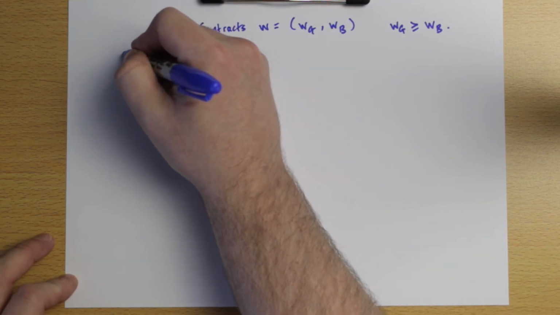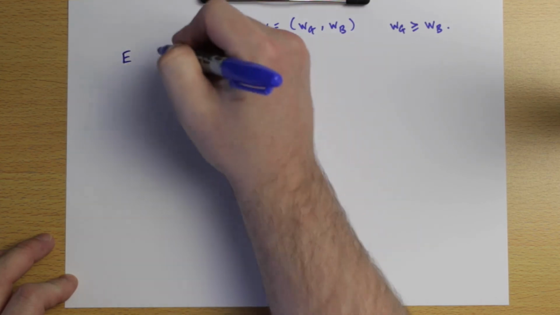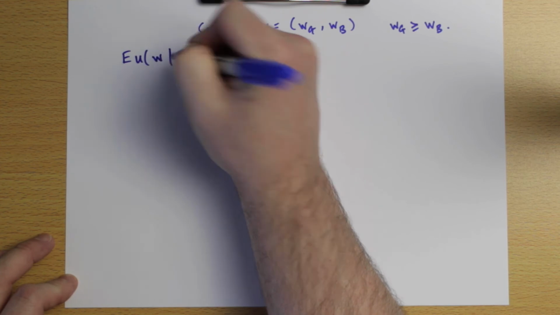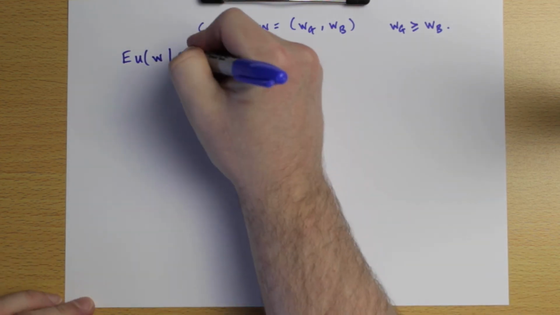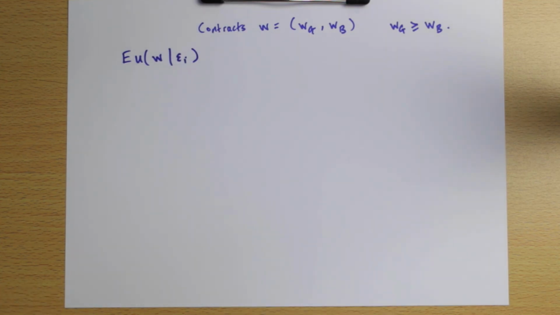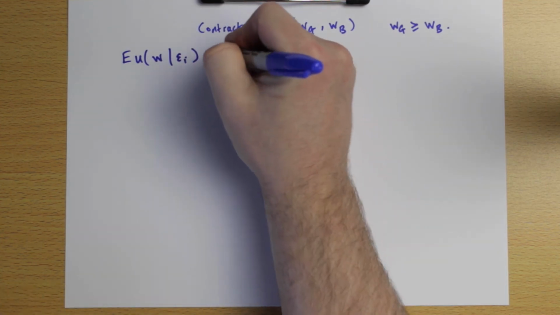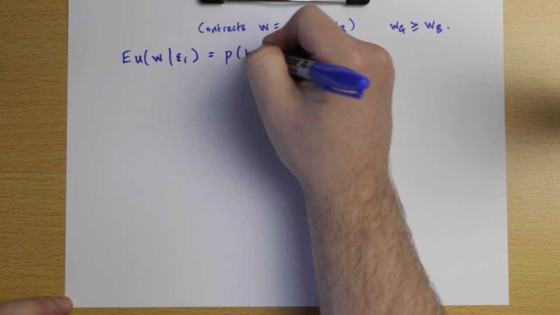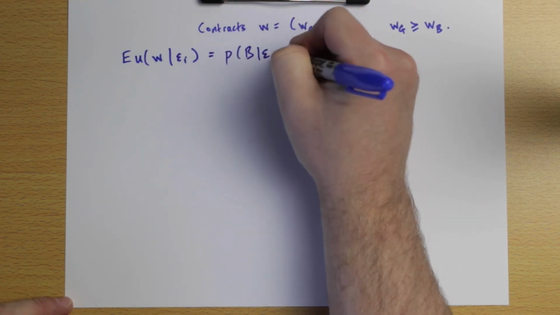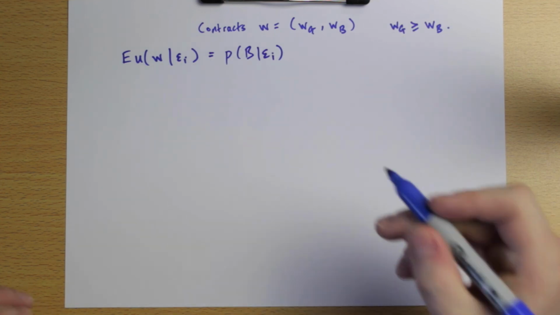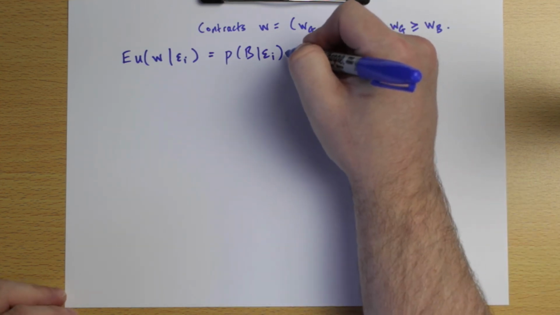We're going to have the expected utility of a contract W conditional on the level of effort, which we denote epsilon I. Now this is equal to the probability that the bad state occurs conditional on the level of effort. The level of effort affects the likelihood of the bad state. That's the stochastic relationship we mentioned before.